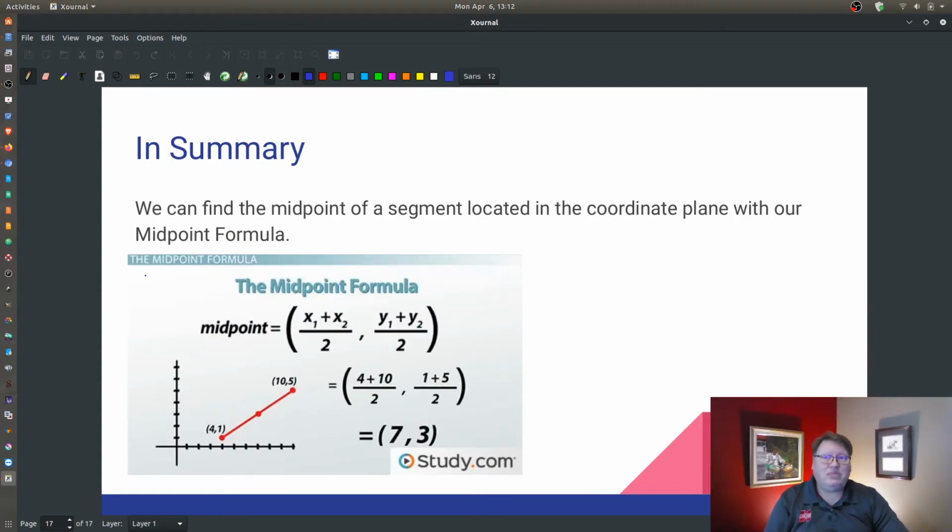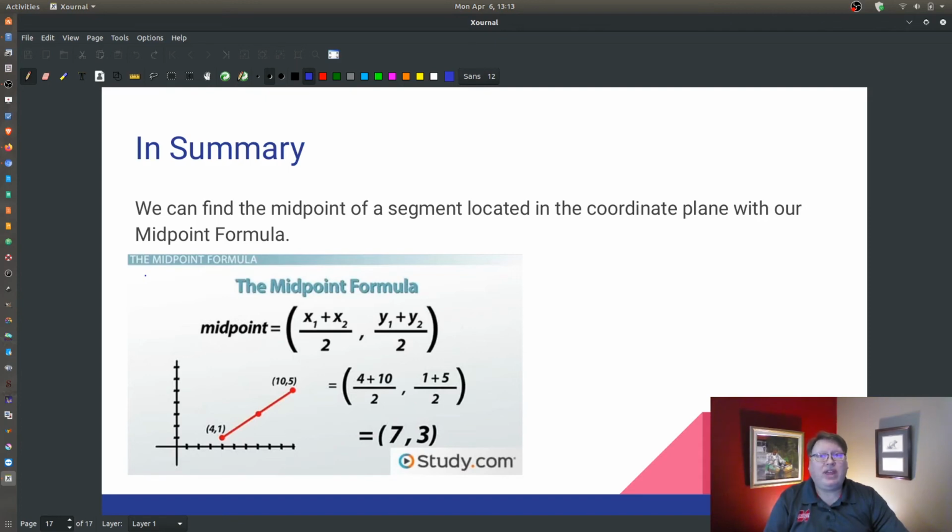So in summary, guys, we can find the midpoint of a segment that is located in the coordinate plane with our midpoint formula. The midpoint formula is basically just the average of the x-coordinates of the endpoints of the segment, which is the x-coordinate of the midpoint, and then the y-coordinate of the midpoint is basically the average of the y-coordinates of the endpoints themselves.